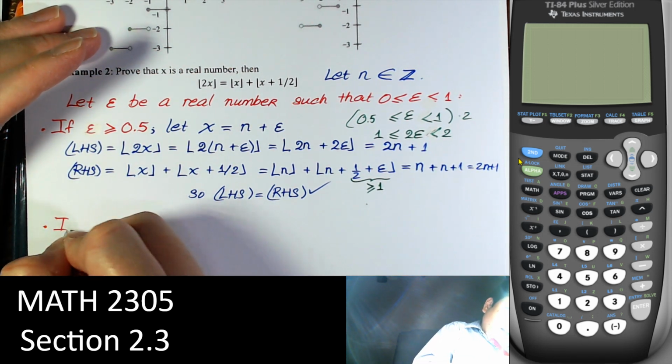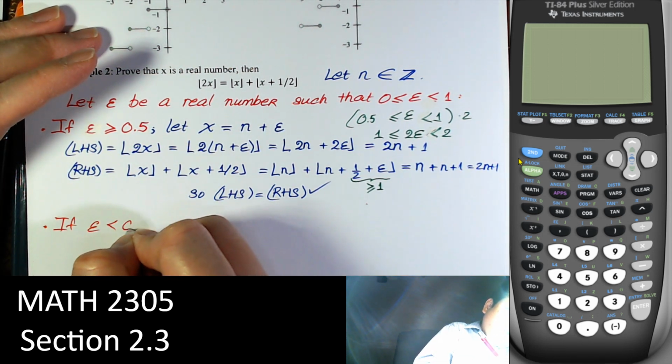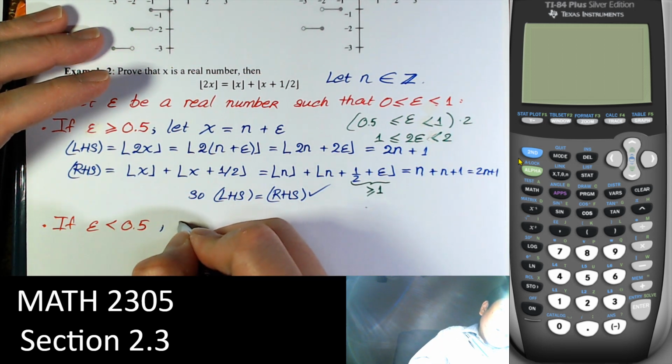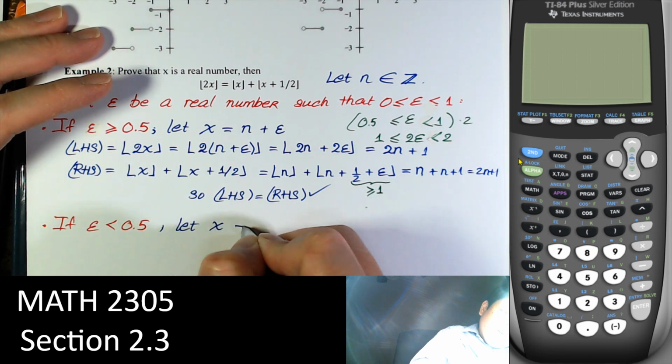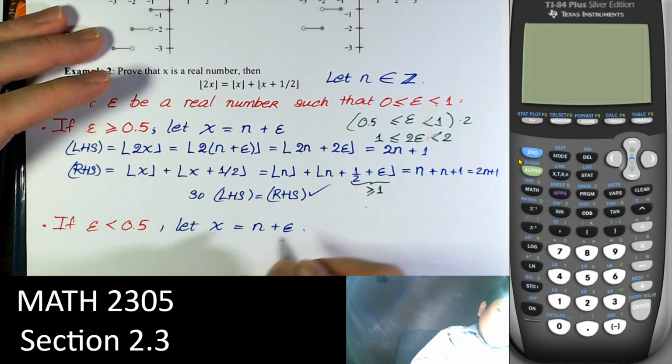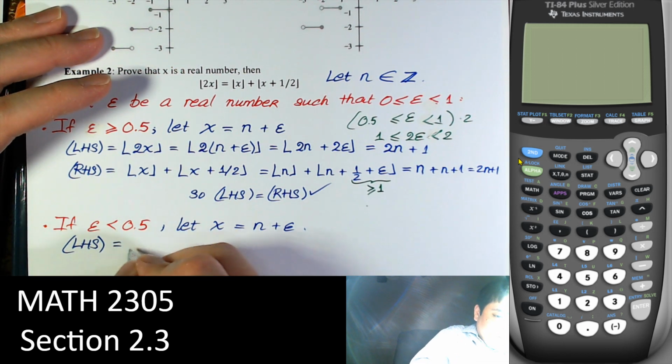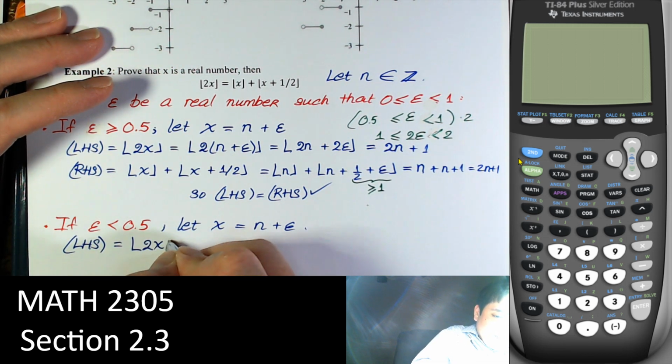Now, if epsilon is less than 0.5, in that case x can be written as still the same, n plus epsilon. Now let's look at the left hand side. Floor function of 2x.